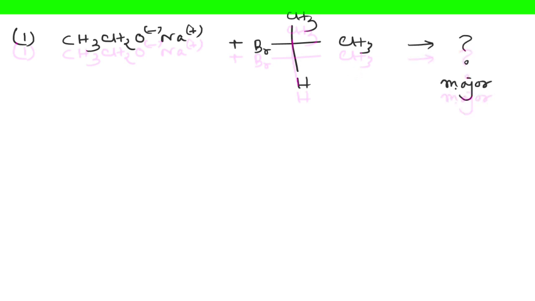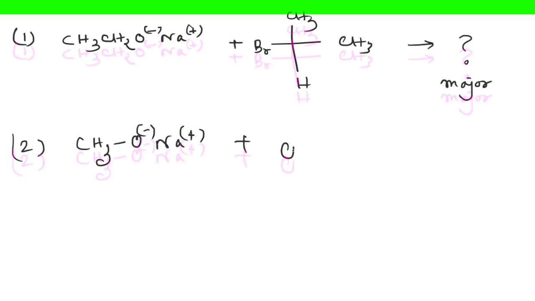And another question: CH3O minus Na plus with CH3CH2Cl. It is easy. Okay, I hope you will do that.